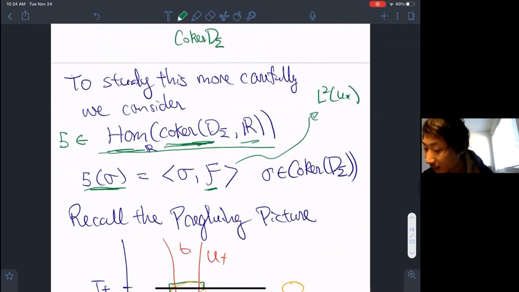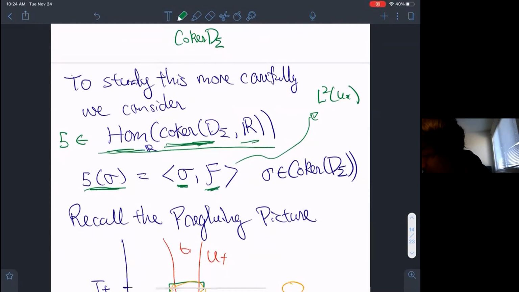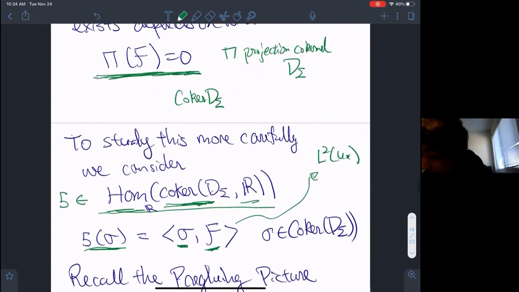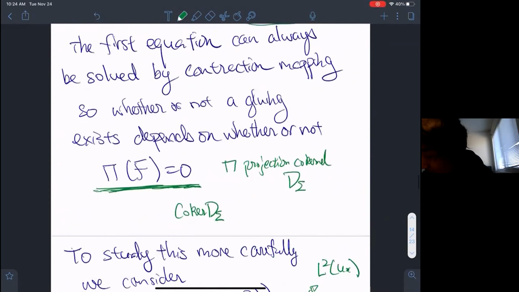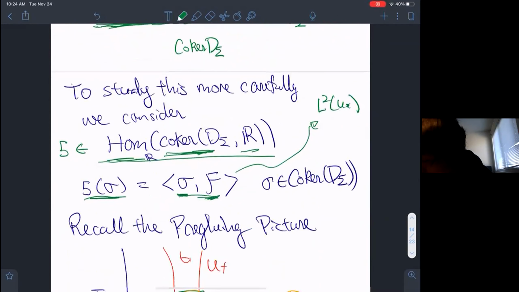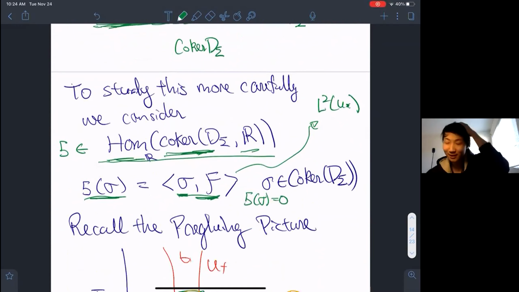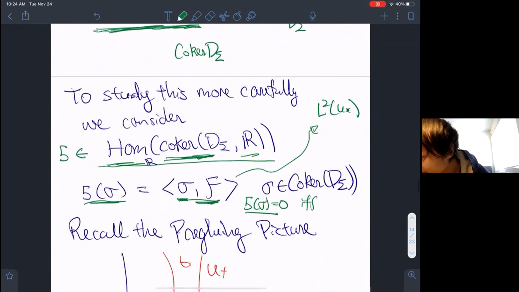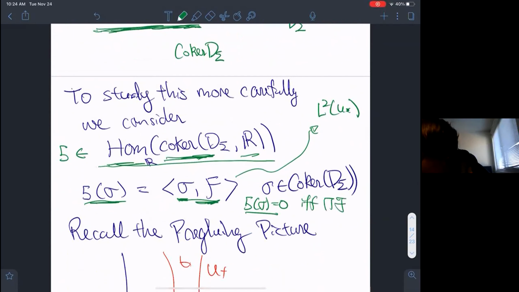So it takes an element of the co-kernel, some vectors along the curve, and then I pair it with this F. So the claim is that a zero of this section S, how do I say this in English, is 0 if and only if the previous obstruction vanishes.